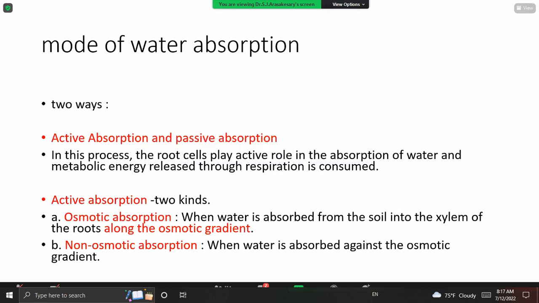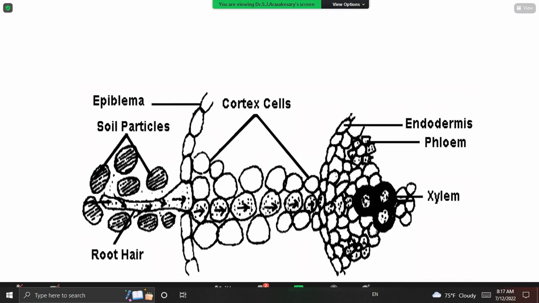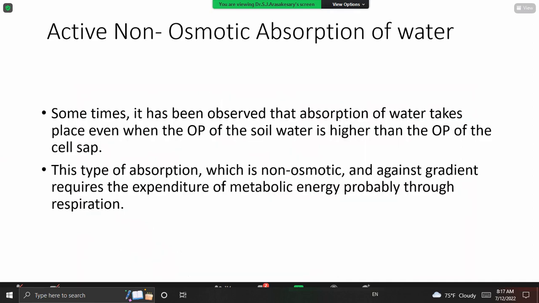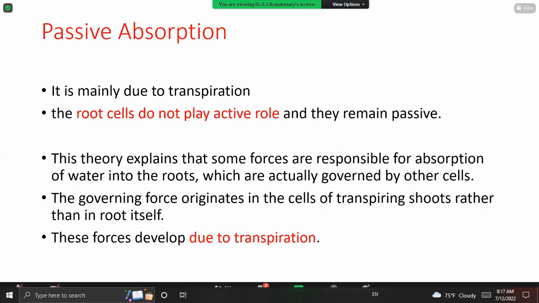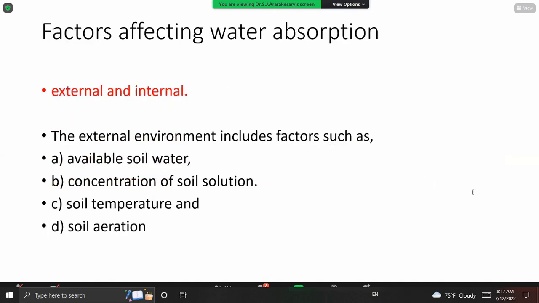Then I have seen how the water reaches the xylem vessel, and the factors affecting water absorption, internal and external.